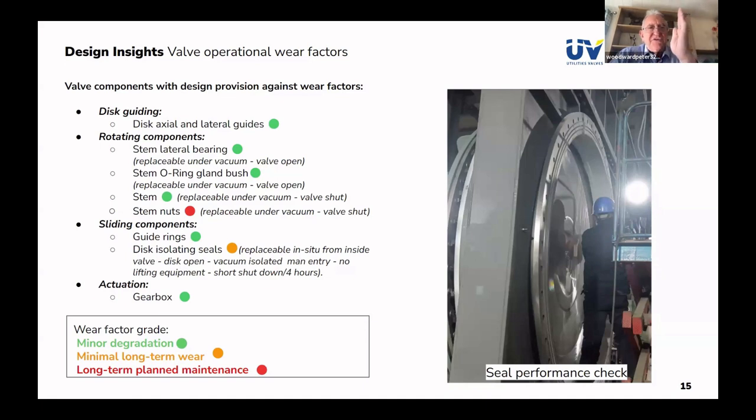If the disc is to cant over a little, and we're talking 1 or 2 millimeters is a lot, that would upset the seal. So it is perfectly flatly guided without any disc cant, and we're talking about large discs here.